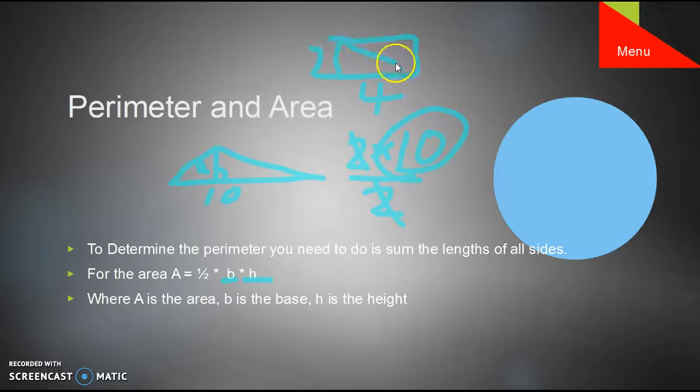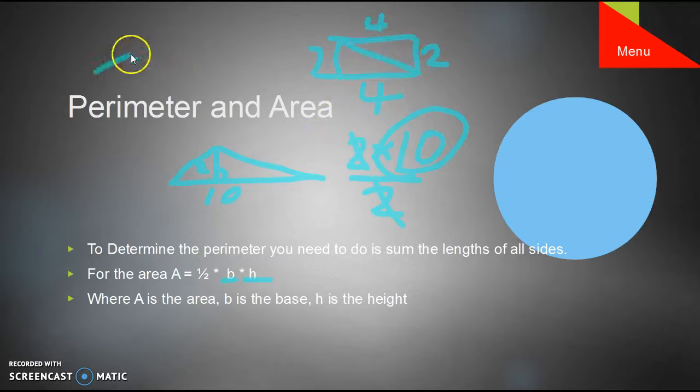Well, if you separate this rectangle like this, you actually get 2 triangles that each have a base and a height that are the same as this one rectangle. So it's safe to assume that this triangle is half the area of the rectangle here.